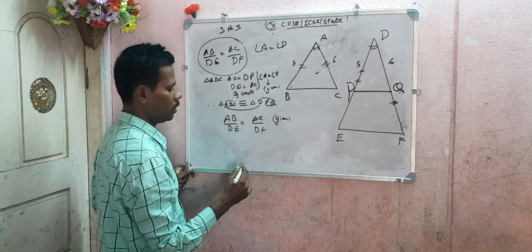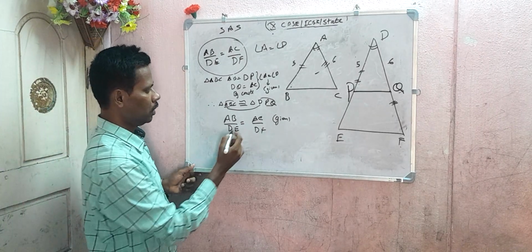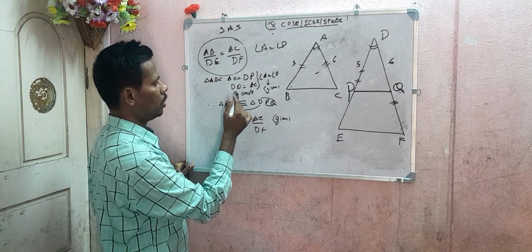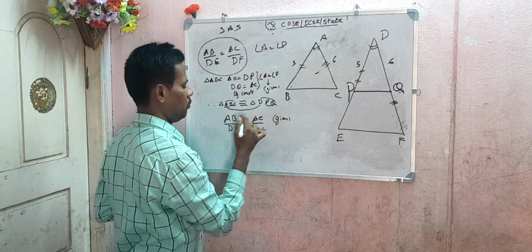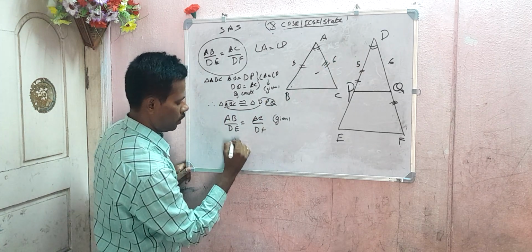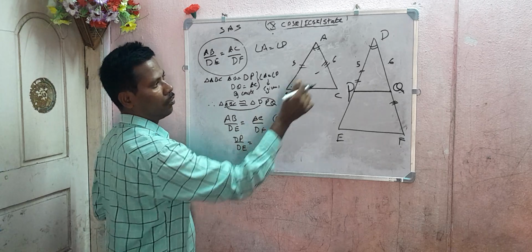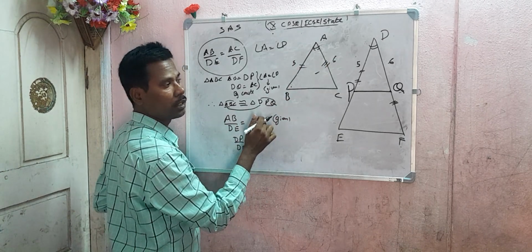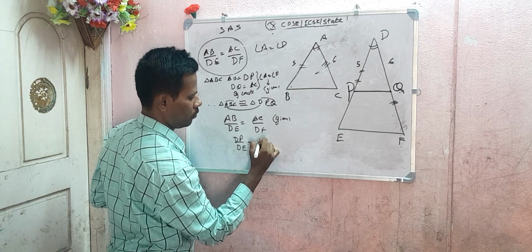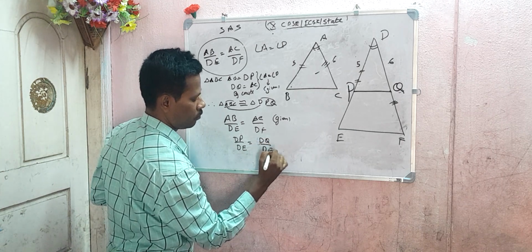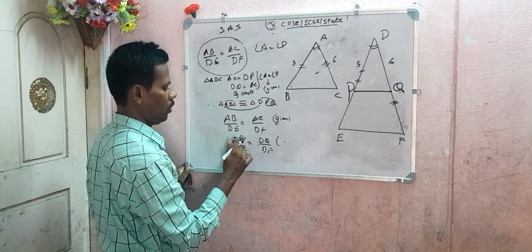Now, in place of AB, because these two triangles are congruent, you can write DP by DE, and in place of AC you can write DQ. Why have you written like this?